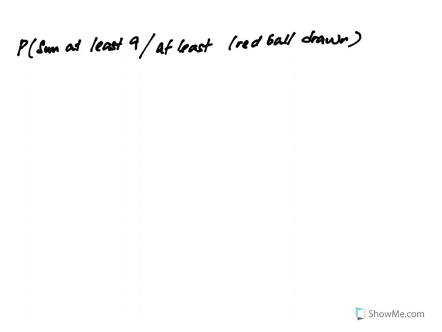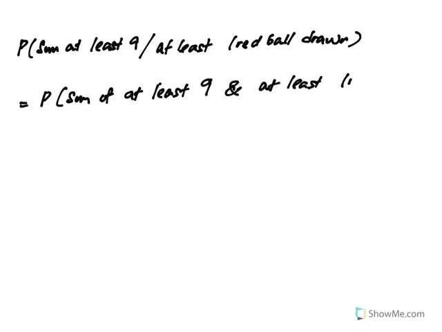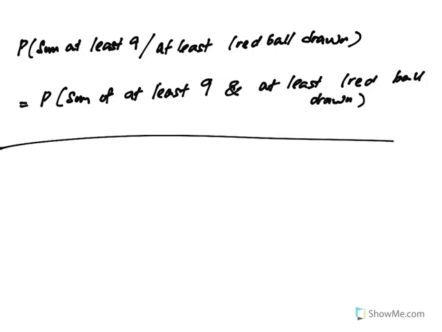Okay, let's use the formula. This is the probability that the sum is at least 9 intersect at least one red ball is drawn, over the probability that at least one red ball is drawn.